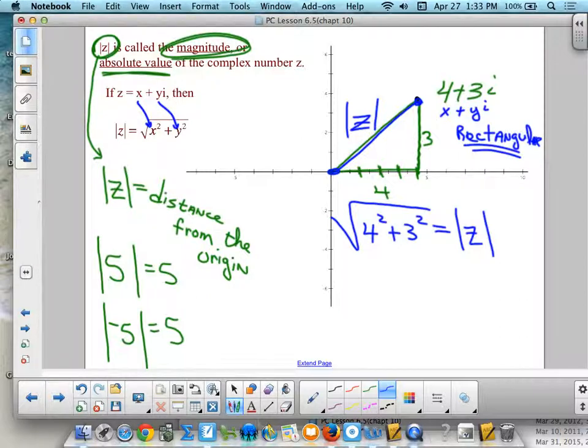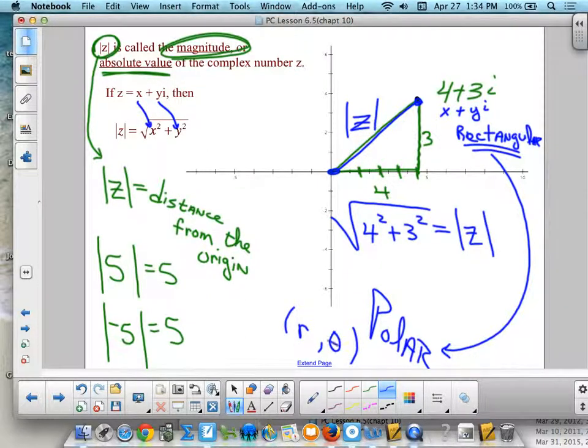Your job is to turn it into what? Polar. And if you are going to turn it into polar, you should know from last week, polar is just this. That's all polar is, right?